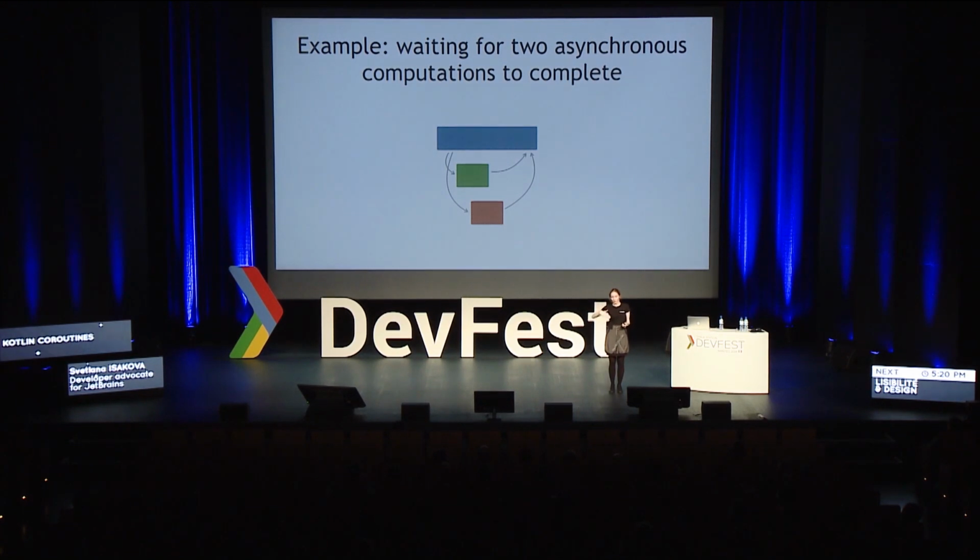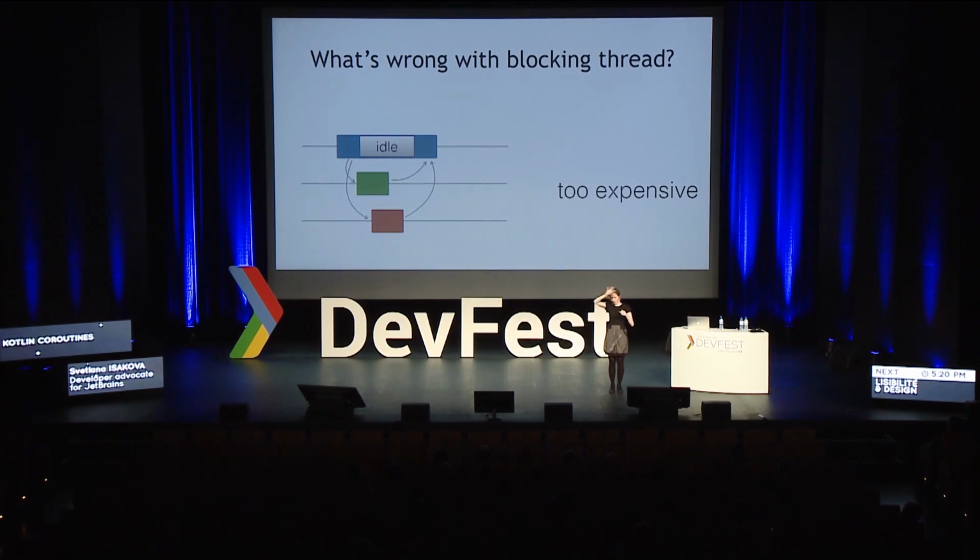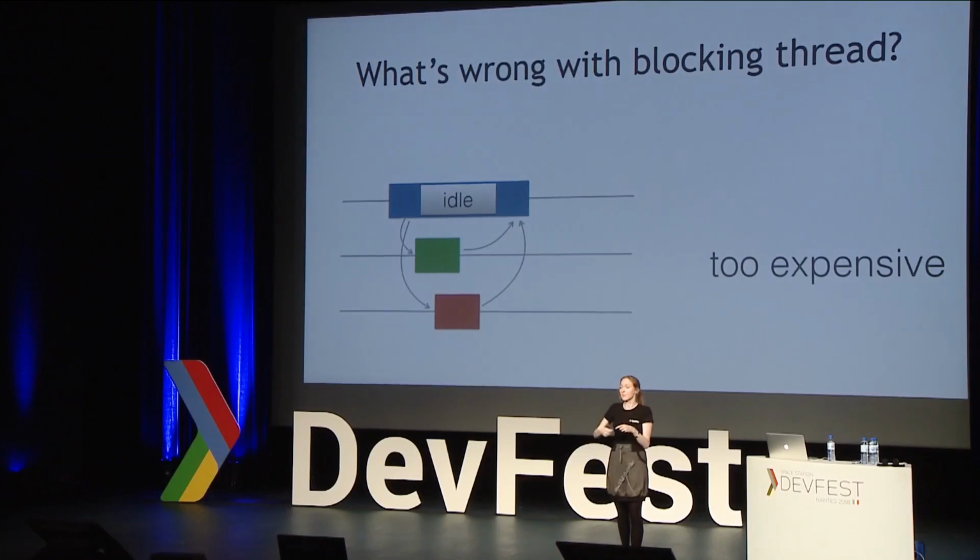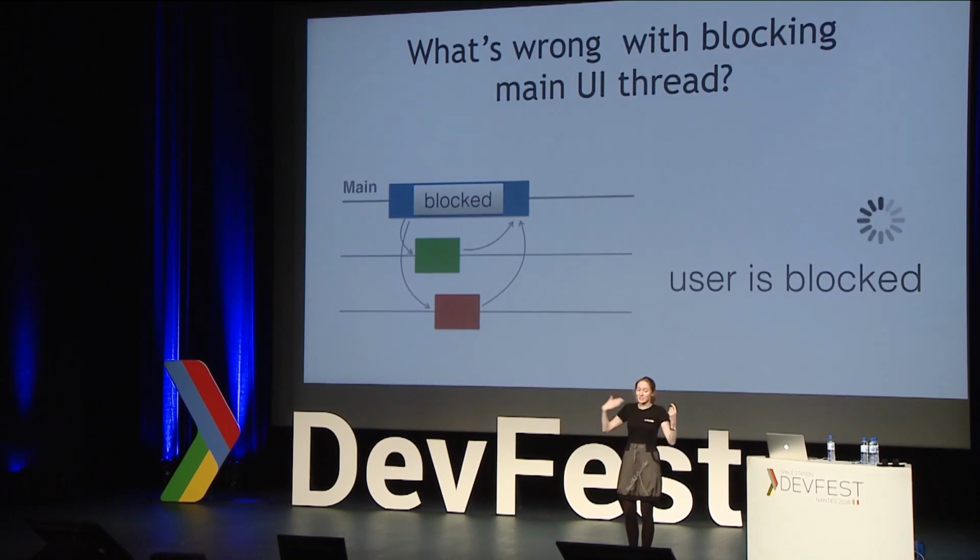If you write this code straightforwardly via threads, starting from the main thread this computation and another one, starting them in parallel and waiting for them, then while waiting for these computations to complete, your thread will do nothing, and won't be able to do something else. And that's a problem. If it's just a regular thread, it's too expensive to lose threads in such a way. But if it's the main UI thread, it's even wrong because our thread is blocked and your user is also blocked.